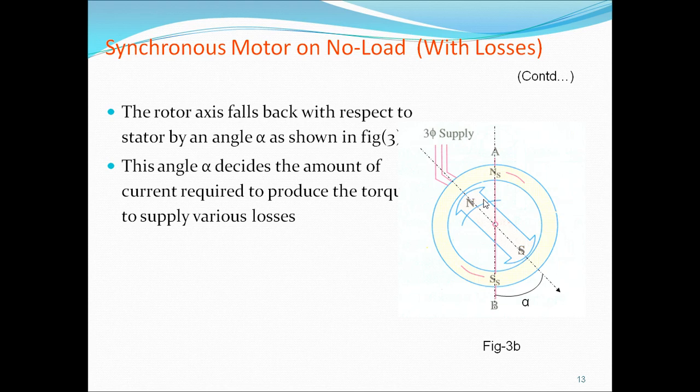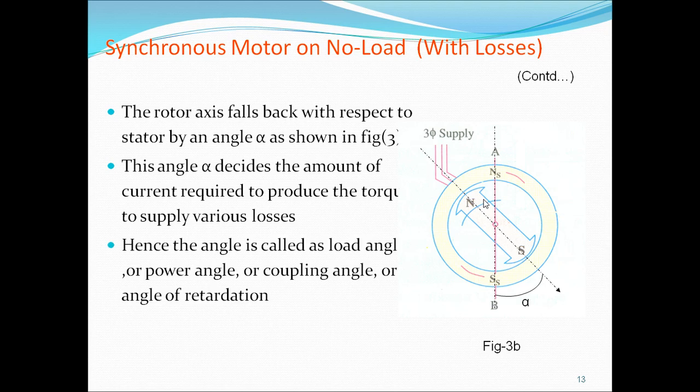This angle alpha decides the amount of current required to produce the torque which bears these losses. This angle is called the load angle or power angle or coupling angle or angle of rotation.